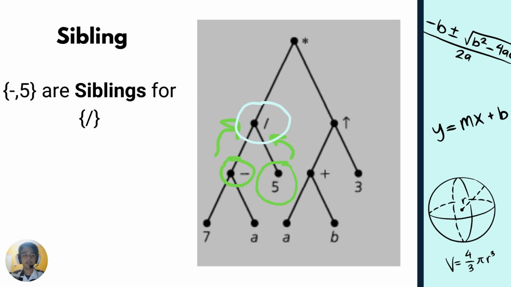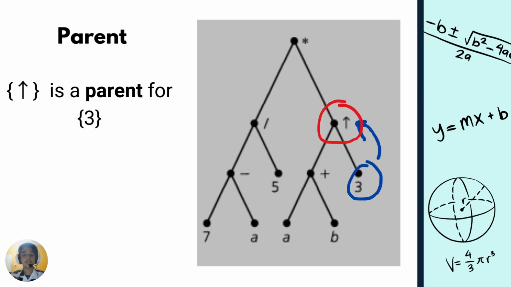Siblings are quite simple. Basically, if they are connected within the same node here, they will be considered siblings. So minus and 5 are siblings for slash. The parent is also simple: the parent for the tree is the arrow symbol.